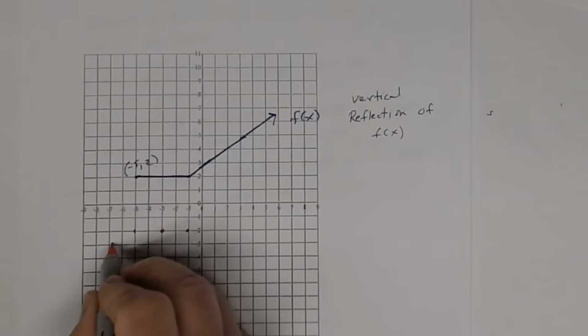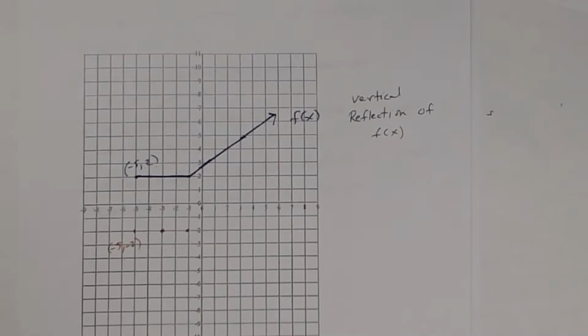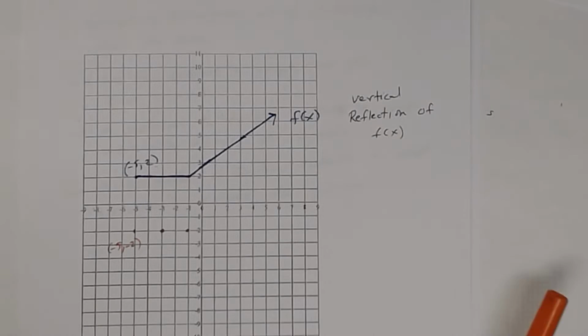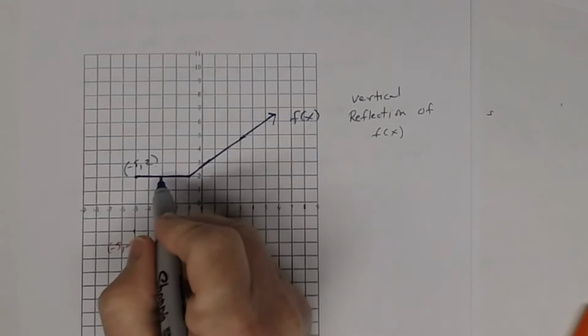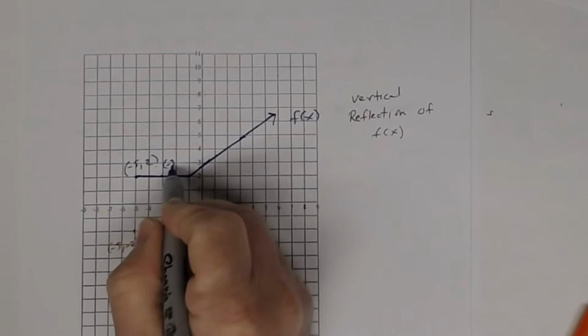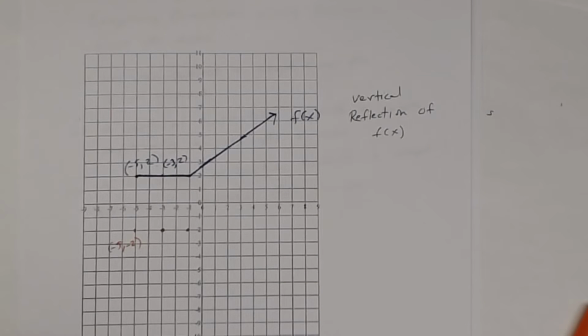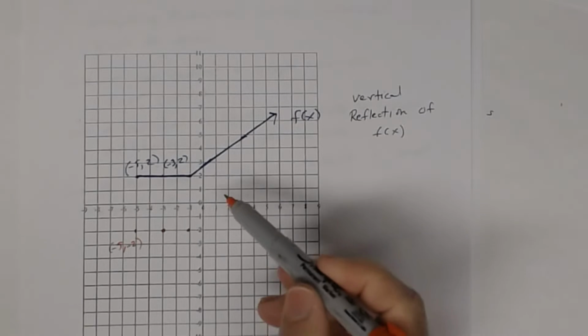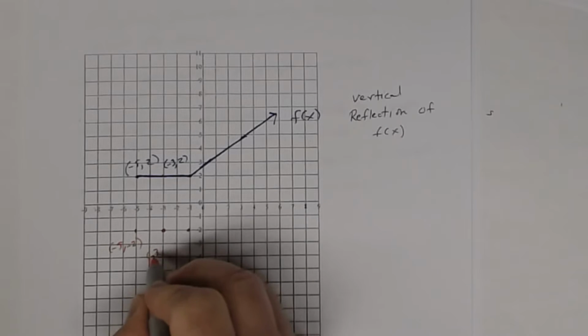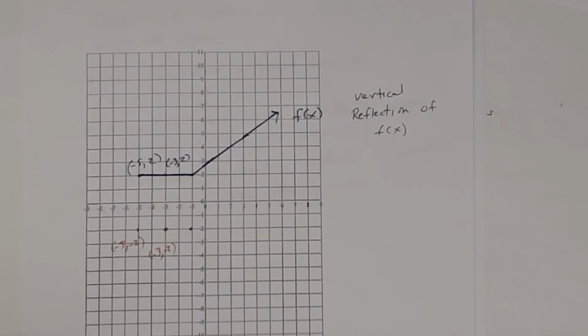This is the point negative 5, negative 2, right? And let's look at this point that I reflected. This point right here is negative 3, 2, right? And when I reflect it about the x-axis, it becomes the point negative 3, negative 2.